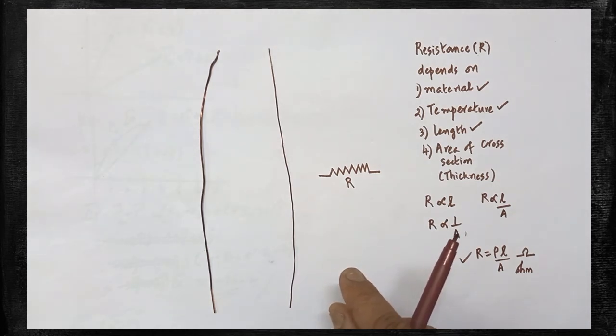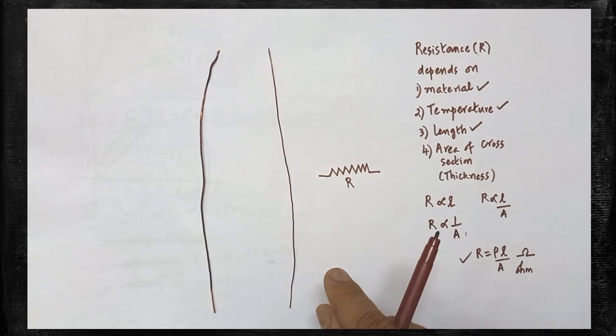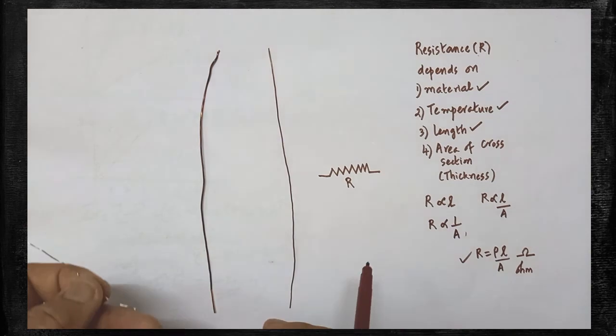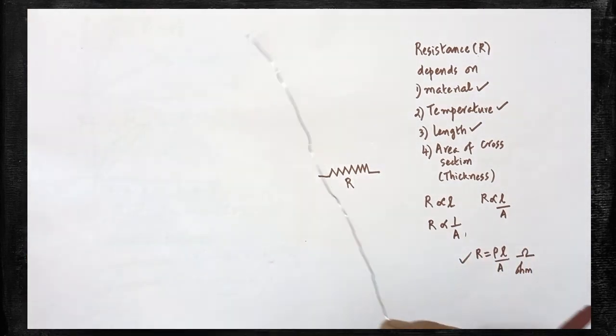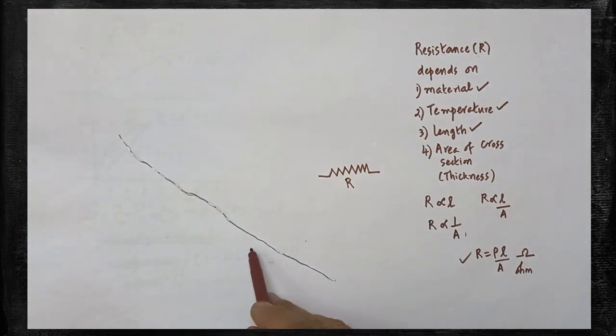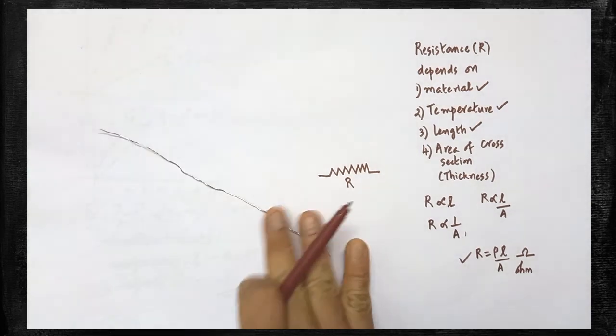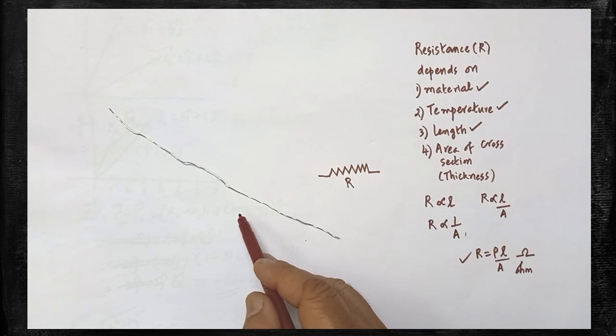So in future, in the verification of Ohm's law experiment, in the place of resistance, this nichrome wire will be used. Don't forget, it's a piece of nichrome wire. That one will offer a considerable amount of resistance. It may have 2 ohm or 3 ohm or 1.5 ohm, whatever it may be. This kind of nichrome wire will be used as a heating element, and also as an unknown resistance.